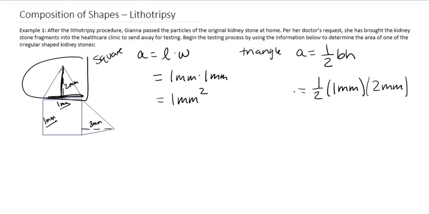So we go ahead and calculate this out. So numerators together, 1 times 1 times 2 is 2, divided by 2, which is equal to 1 milliliters squared.